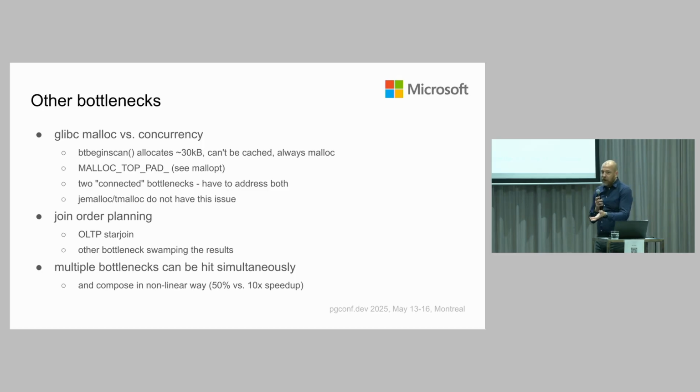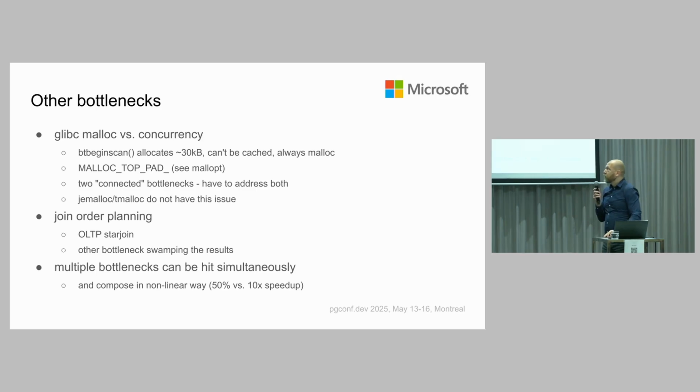So the bottleneck is, we are in this situation very often actually. You fix one bottleneck, and for a very narrow case of a query, it actually helps. But then for regular workloads, you run into another bottleneck, which has a very similar effect.